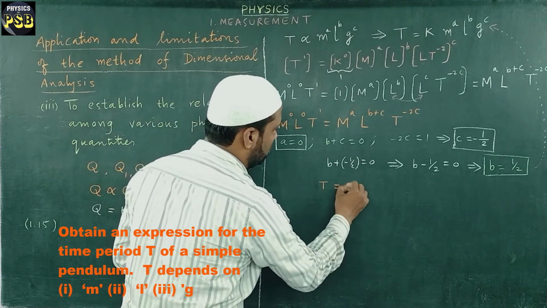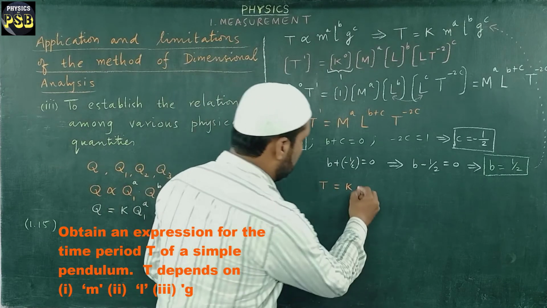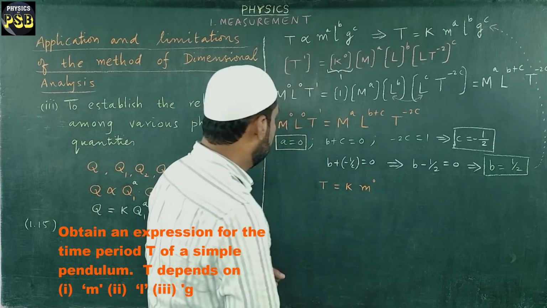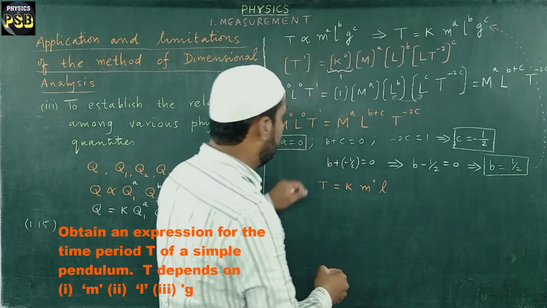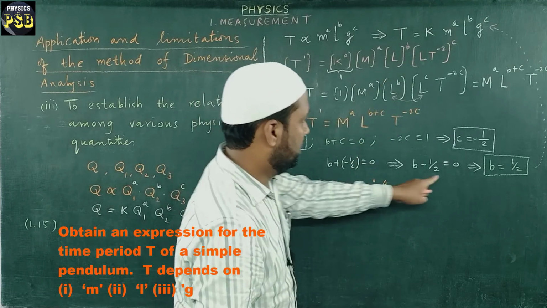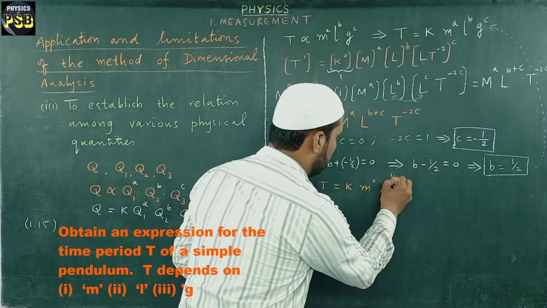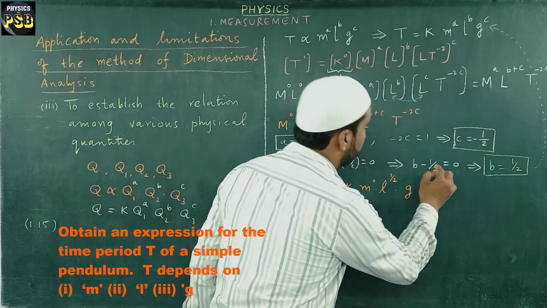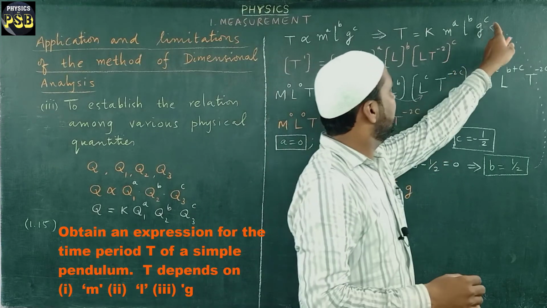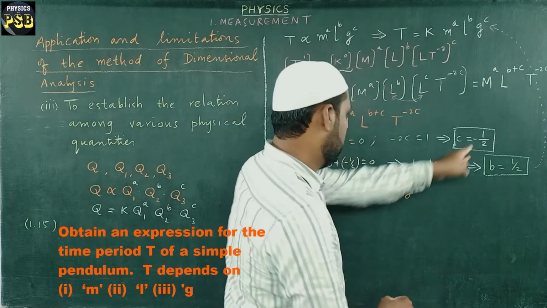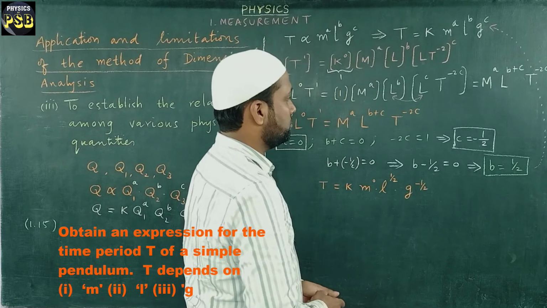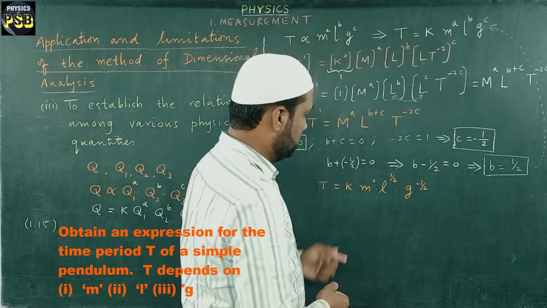T equals K M power 0, then L power half, the value of B, then g power minus half, the value of C. So this is obtained.